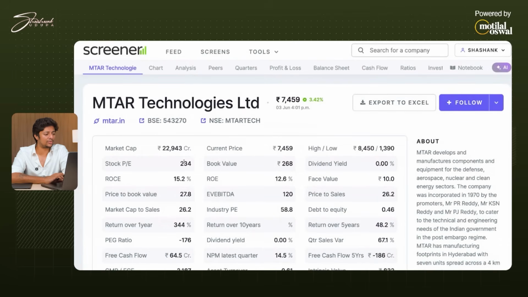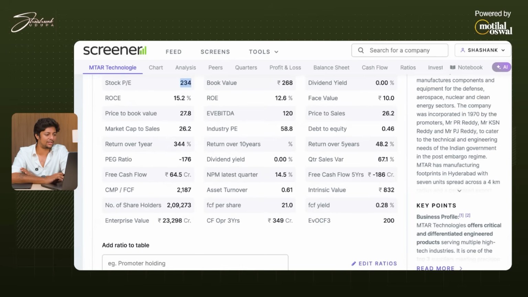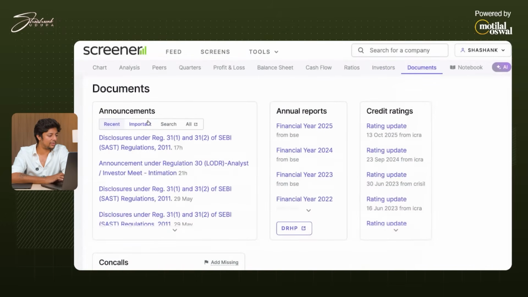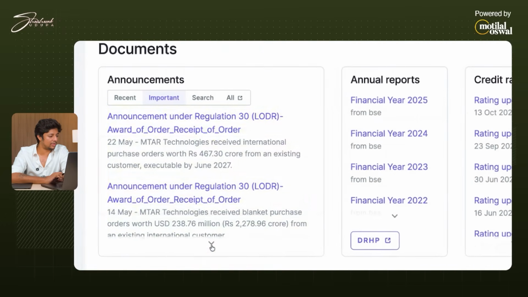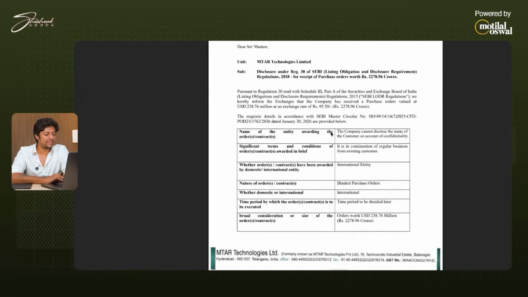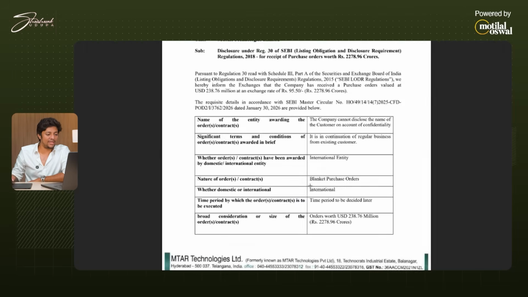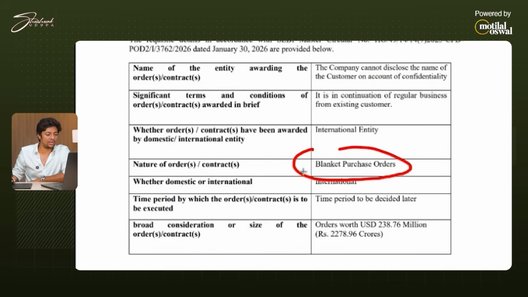Another company, MTAR, 234 PE ratio right now, definitely overvalued. Okay, I'm not justifying that they're undervalued, but I'm showing you where the advantage is. Okay, if you look at there, recently got another order. This one, look at this. So you can see here, this basically says, and this is a company called Bloom Energy in US. This basically says it's a blanket purchase order, international order, worth 2,278 crores or 238 million.